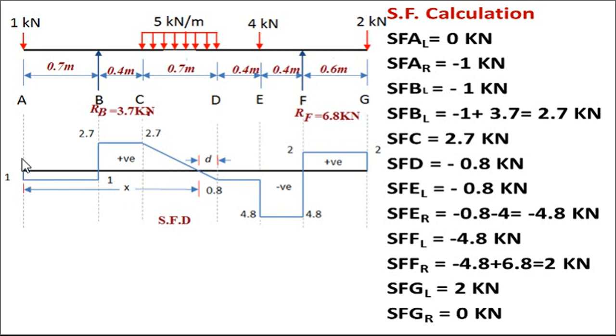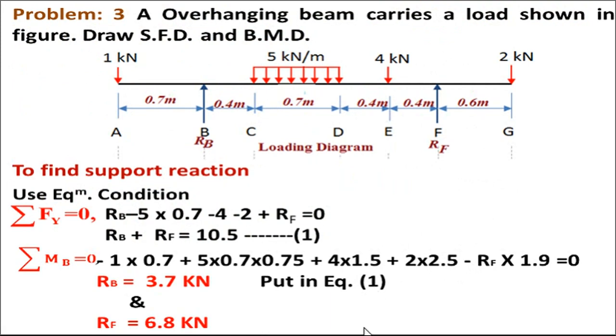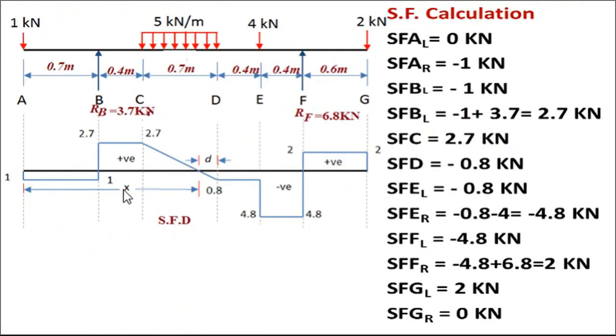Starting from this 0, this 1 kilonewton force load is acting in the downward direction, so you have to go in the downward direction. So up to 1, between these two there is no loading, so a horizontal line is drawn. You can name it for each station.